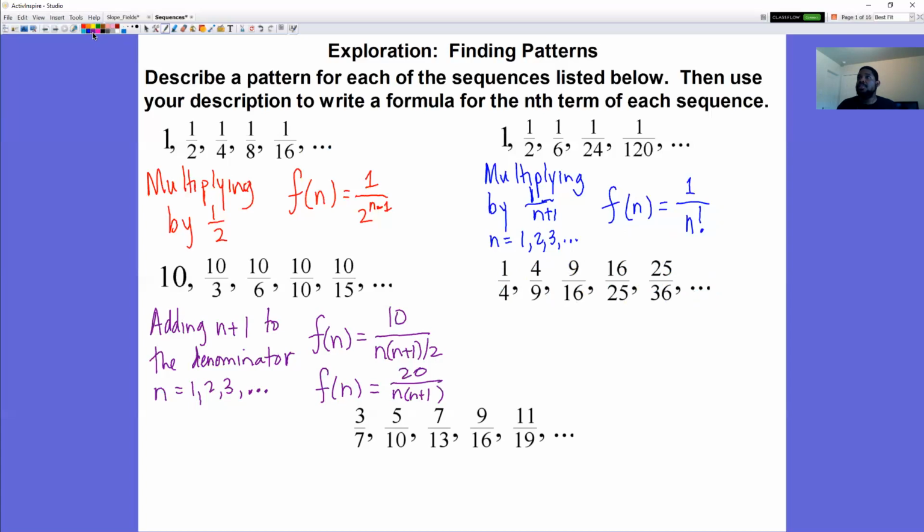Okay, so I can describe this sequence as fractions composed of consecutive perfect squares.